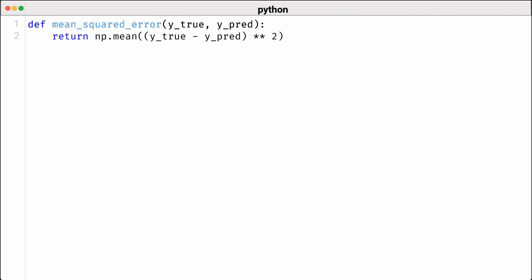Well, it computes the mean of the squared differences between these two sets of values, giving us a scalar loss value that indicates how well our model's predictions align with the true labels. By minimizing this loss, we can iteratively update our weights, which helps improve our model's performance during training. This straightforward definition captures the essence of loss calculation that drives the gradient descent process.